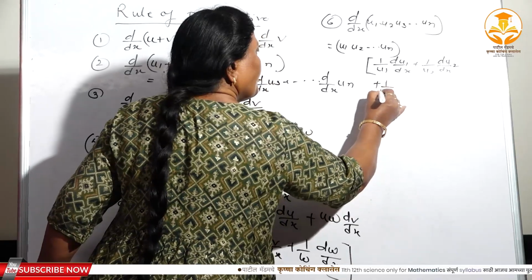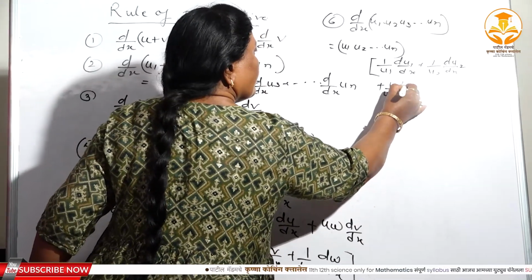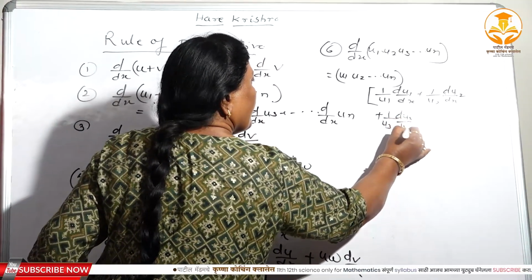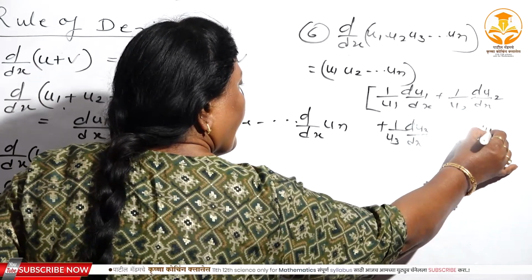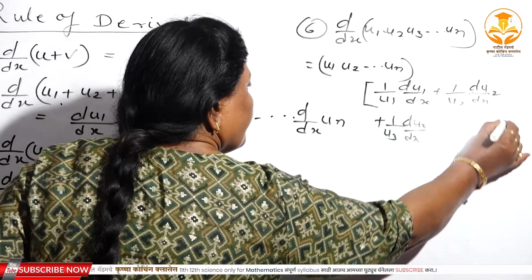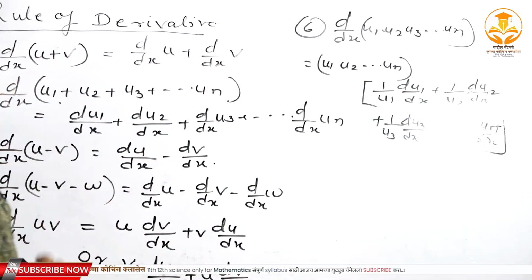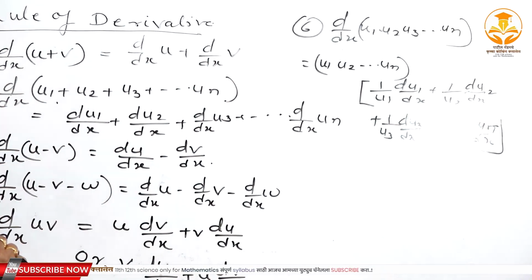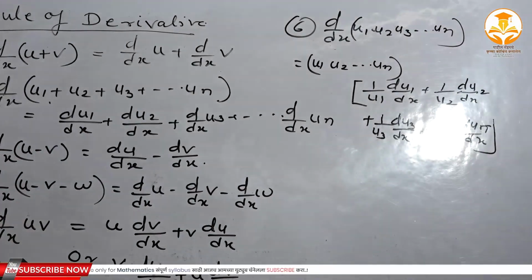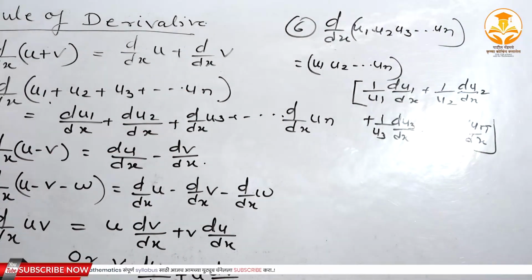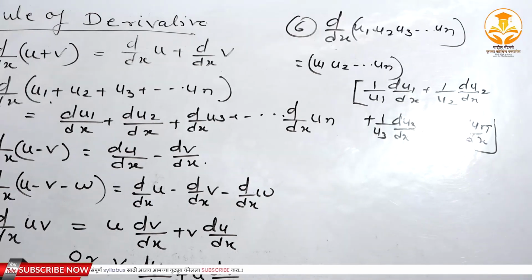Plus 1 upon u3 remain as it is, take the derivative of u3, and so on, again 1 upon un, take the derivative of un. Right? In this way you can apply the rules of the derivative for the product of n functions also, isn't it? These rules are very very important here.